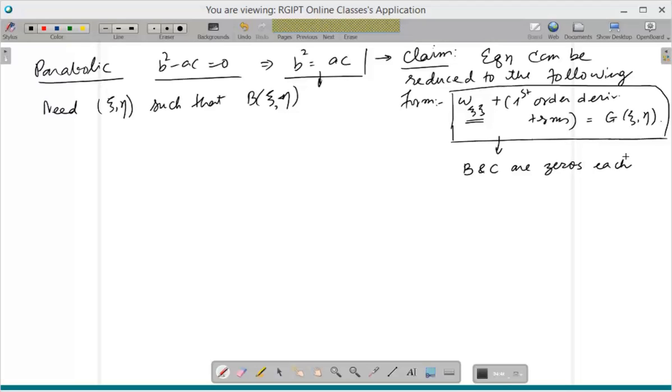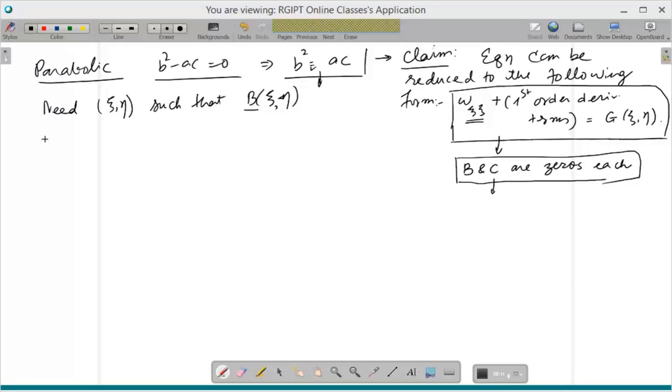We can obtain such a condition if small b square equals ac. Now if b square is ac, then if I just show that C is 0, then B will automatically be 0.